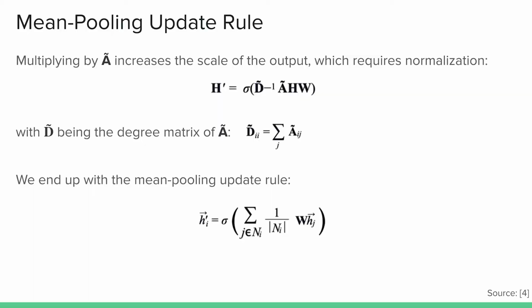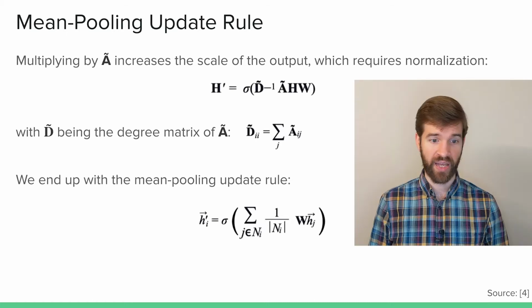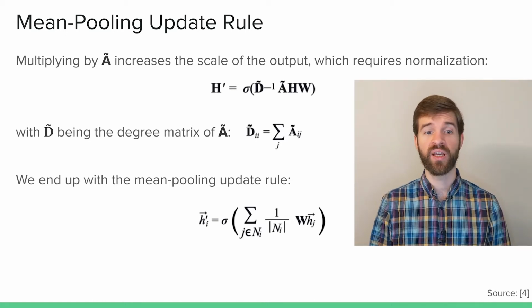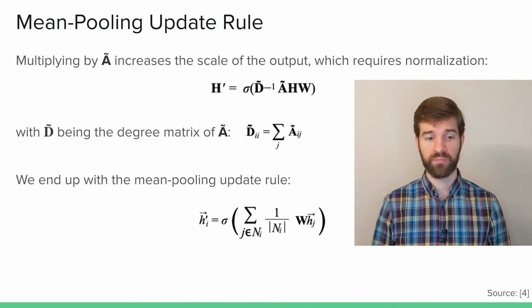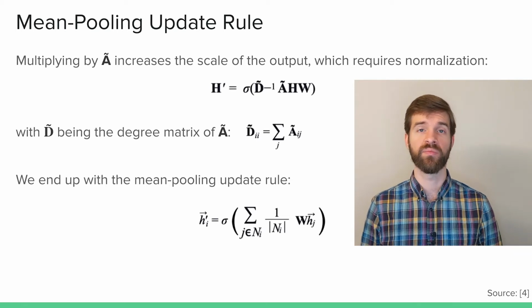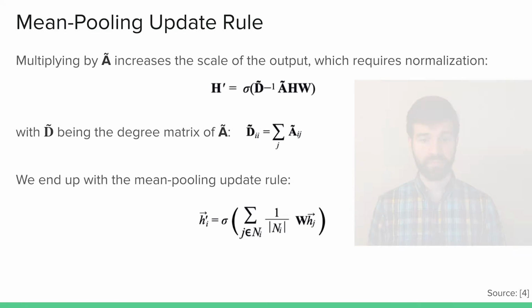So if we have 5 neighbors, then we would divide by 5 to keep the same scale in our output that we had in our input. And we end up with the first update rule called the mean pooling update rule. It's very simple, but yet powerful, and can already solve a lot of real-world issues.